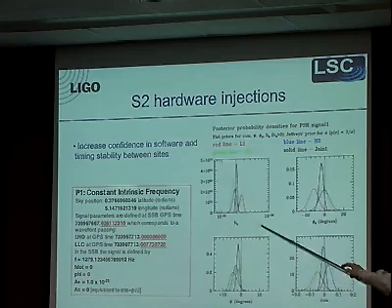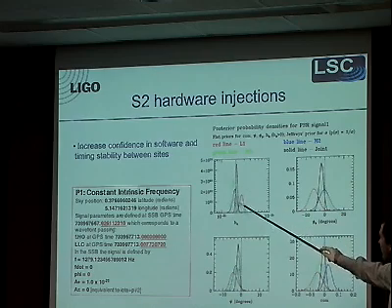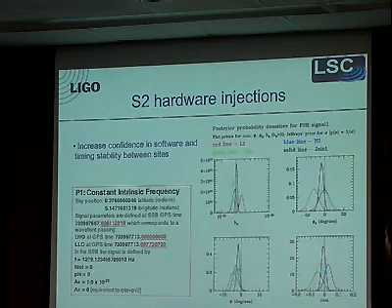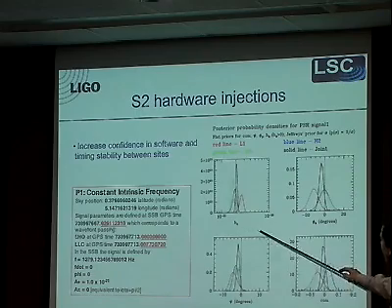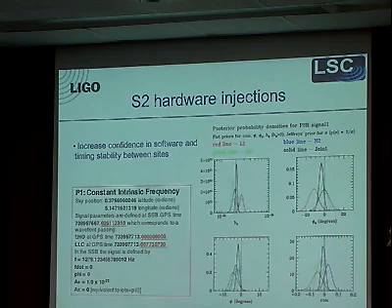The red line here is L1, green line H1, and the blue line H2, and then the black line represents the joint analysis between all the interferometers. Just like it worked in the simulations, it works well on the data, and this increased our confidence that the timing was good between the sites and that we could do a coherent analysis.